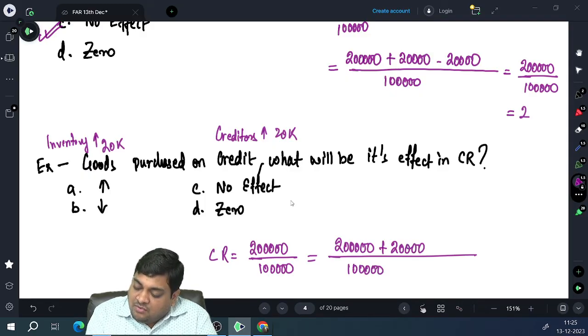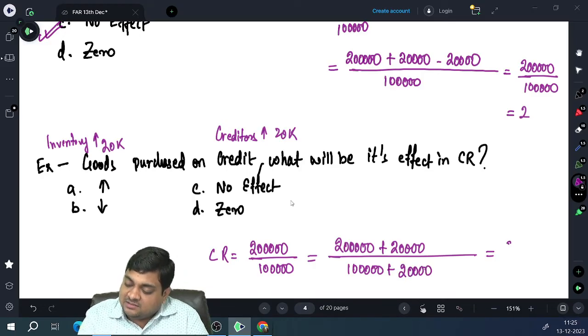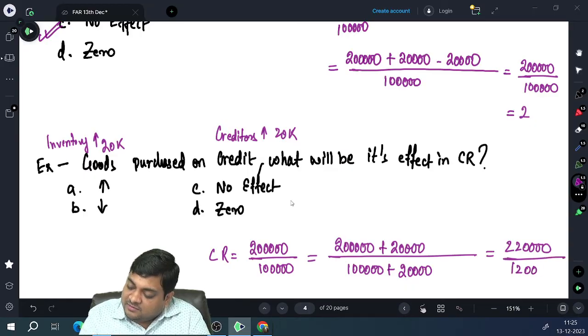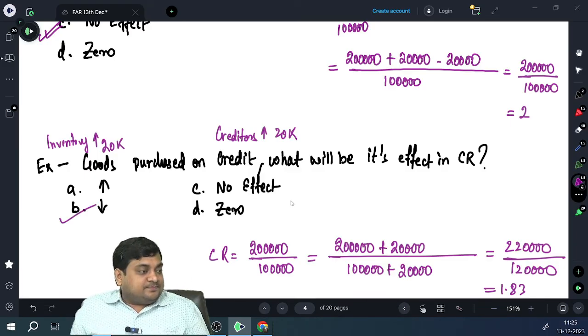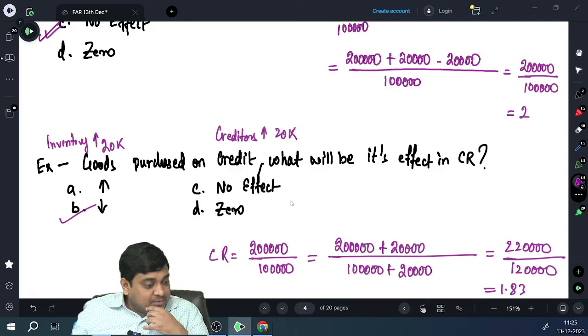Creditors are a part of current liabilities, so the denominator will also increase. So this is 220 by 120. Ultimately it comes to 1.83. So it is reducing. See, the concept needs to be very clear. If you know the concept, you will be able to work it out. If you don't know the concept, you won't be able to work it out. This thing is very important.